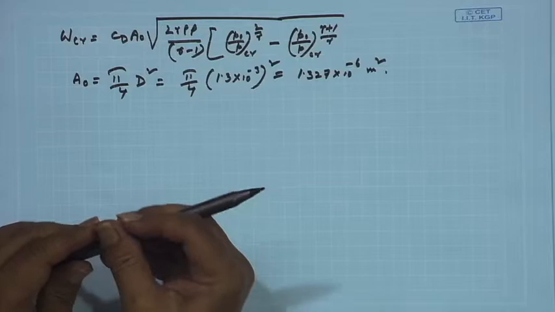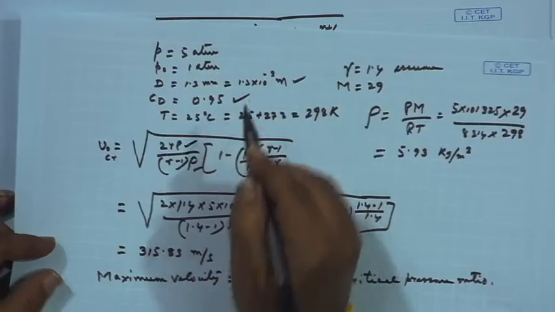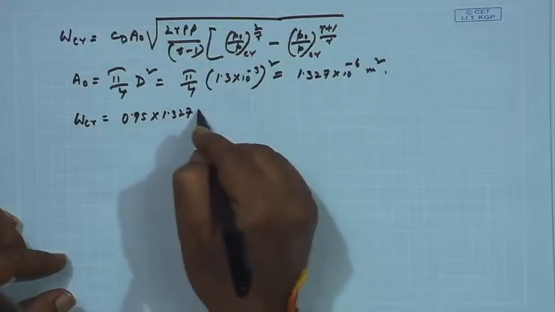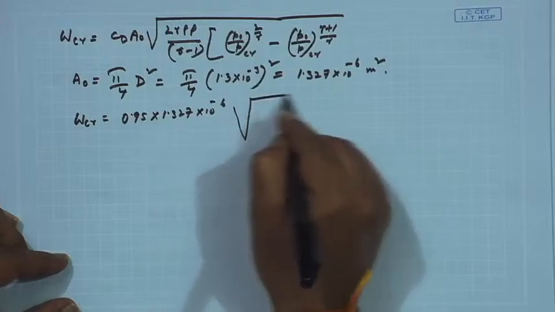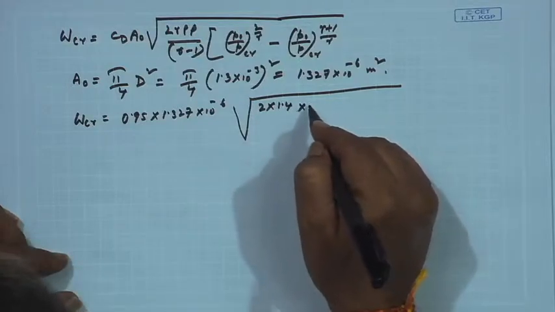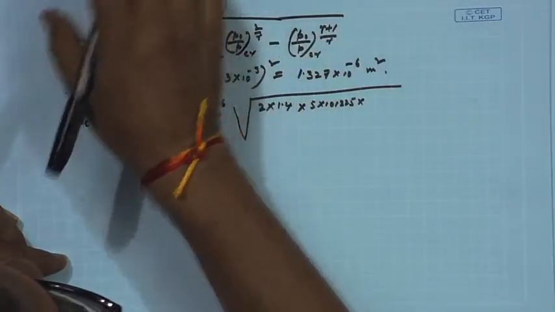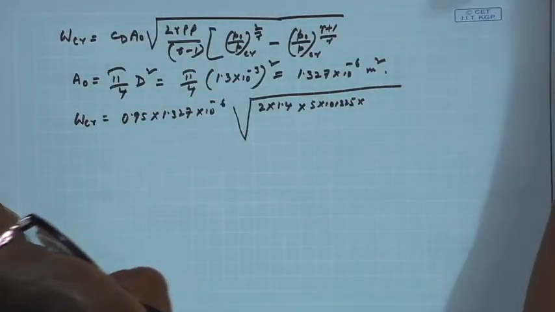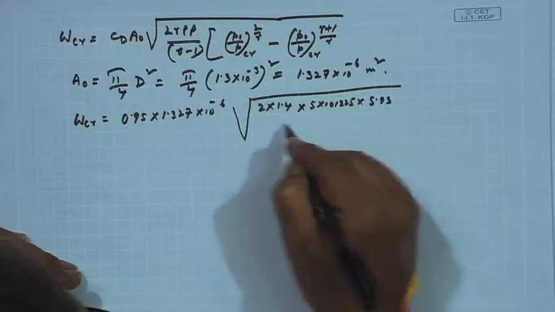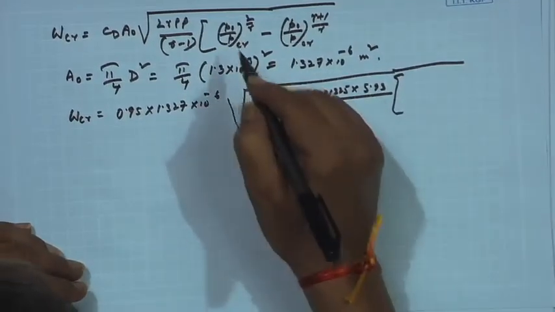So, CD was given as 0.95, A is 1.327 into 10 to the power minus 6, and this is under root 2, gamma is 1.4, P is 5 into 101325, rho we got previously, 5.93, by 1 minus gamma or 1.4 minus 1, into this times P0 by P critical.